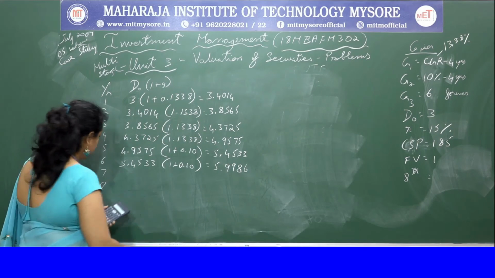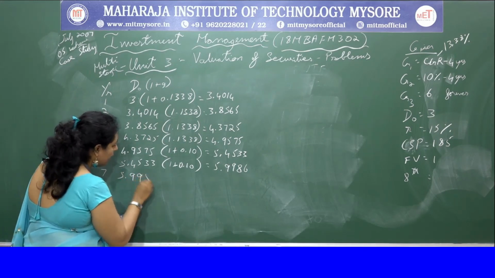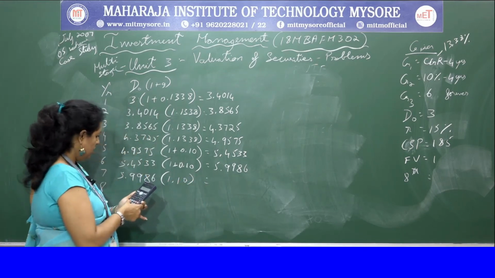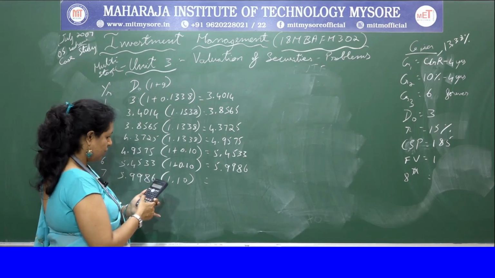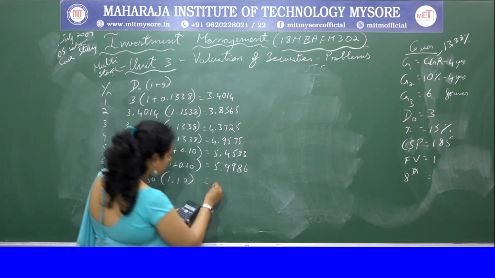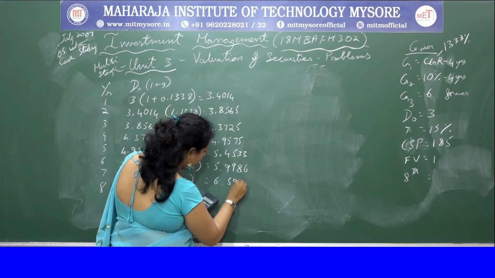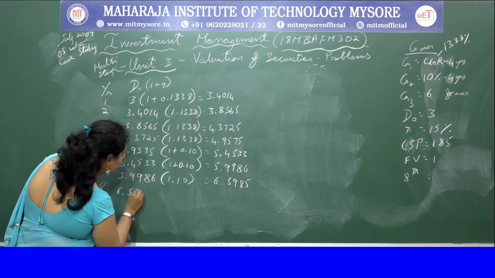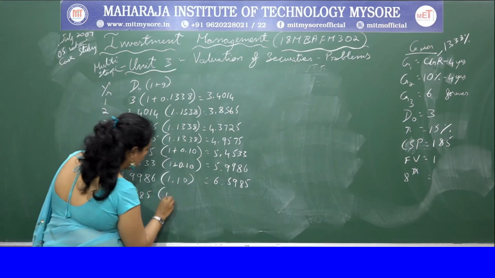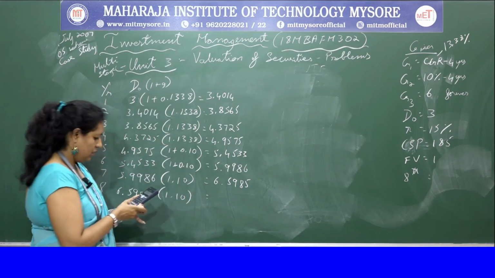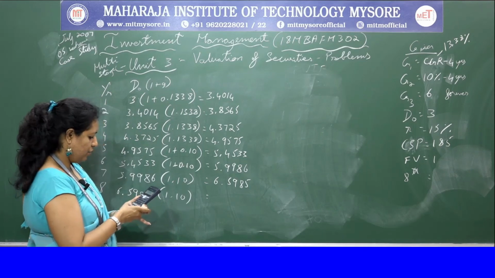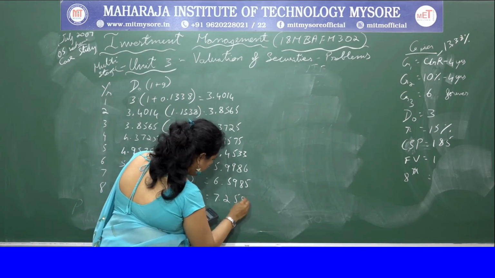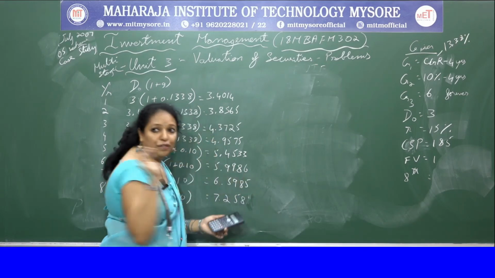Okay, next, 5.9986 into 1.10, you get 5.9986 into 1.1, you get 6.5985. So 6.5985 into 1.10, 6.5985 into 1.1, you get 7.25884.